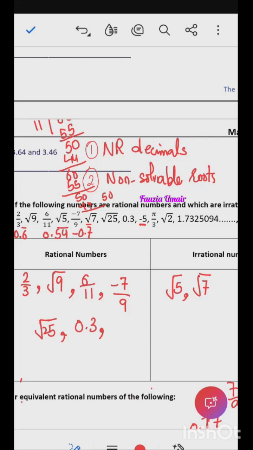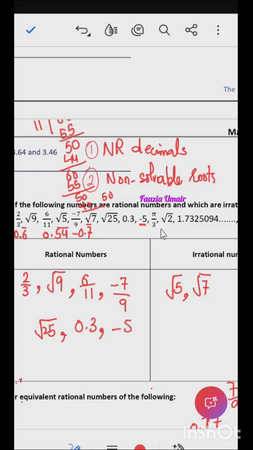Anyone else? All right, now the hands are raised. Momina, what is it? Ma'am, it's a rational number. Minus 5 is a rational number.